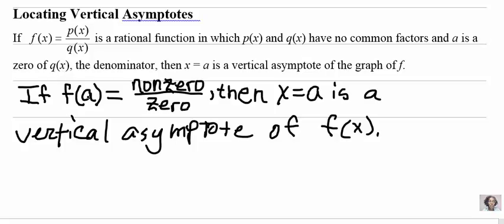So if you substitute a for x in your function and you get a non-zero number over 0, then the result is that your vertical line x equal a is actually the vertical asymptote of the function.